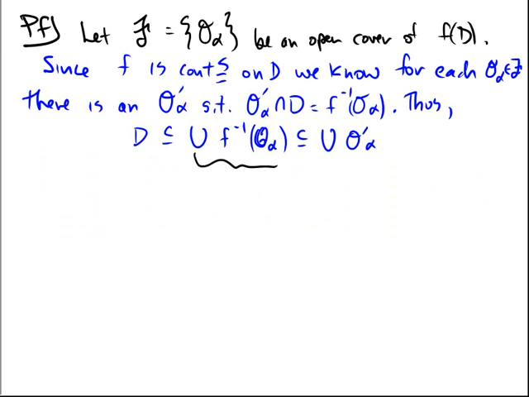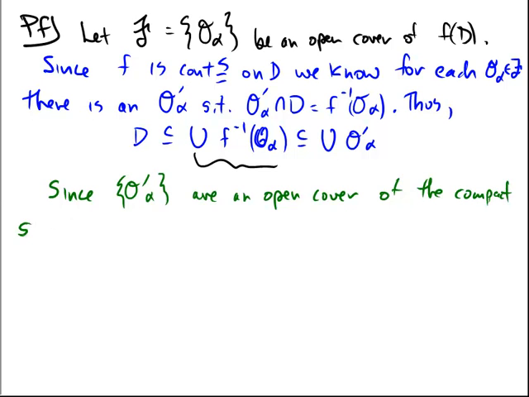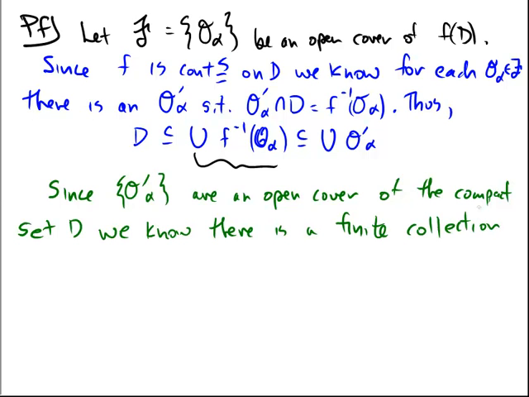So since the O prime alphas, these preimage sets, are an open cover of the compact set D, we know there is a finite collection of them that also covers D. There's a finite collection with D being a subset of only O prime alpha 1 union, up to O prime alpha n. It's only finitely many.